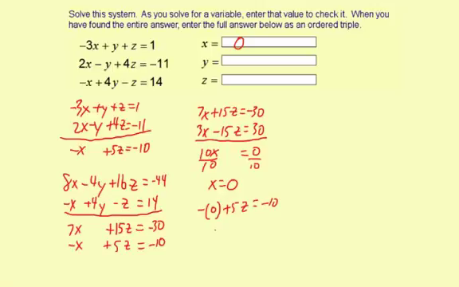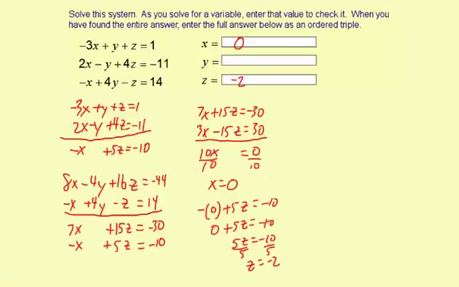So the negative of 0 is just 0 plus 5z equals negative 10. So you can ignore this 0. 5z equals negative 10. Divide by 5, both sides. So z equals negative 10 divided by 5, which is negative 2. So z is negative 2.